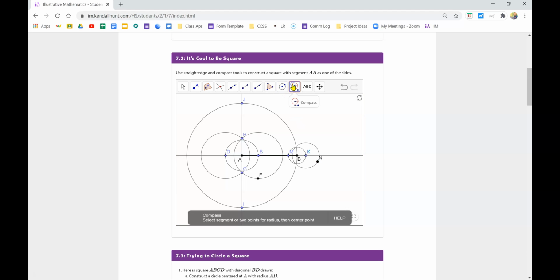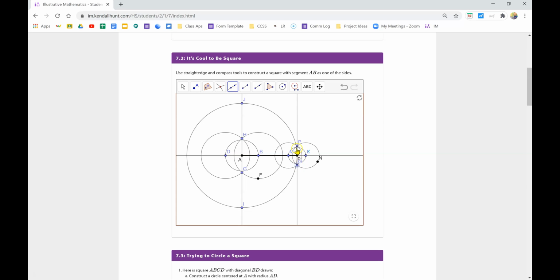I'm going to redraw the same circle by selecting this tool with the radius and going from this point to this point, and then putting this over here, centered at M. Figure out where those two circles intersect, this one and this one, and then draw a line through O and P.